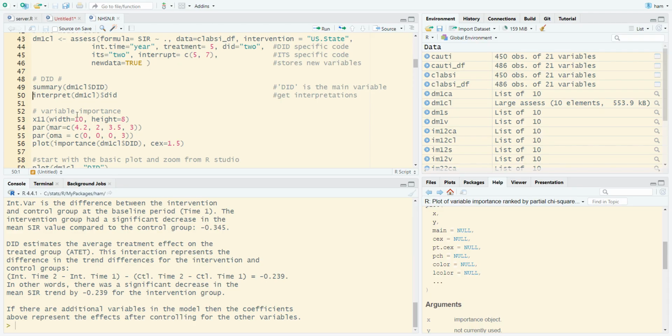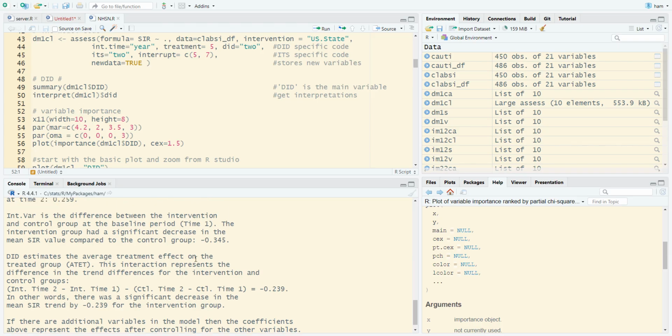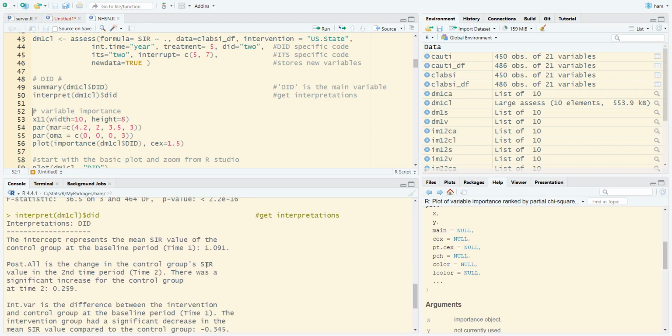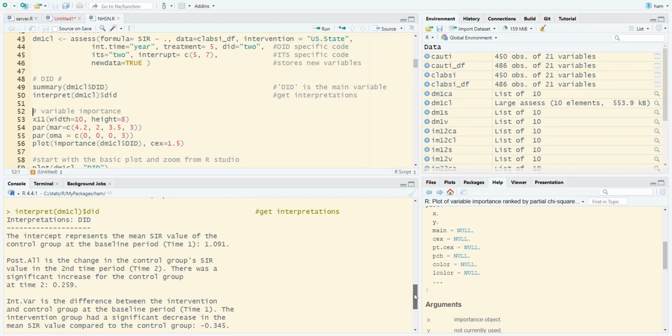If you're working directly in R, not this GUI that I have open through RStudio, then you would just press Control and R to run that line of code. So we can see that, I'm going to scroll up a little bit. So here's the command, interpret, and it produces interpretations.